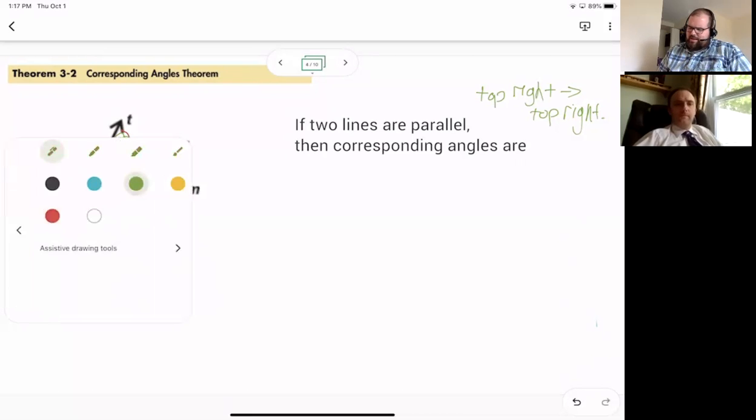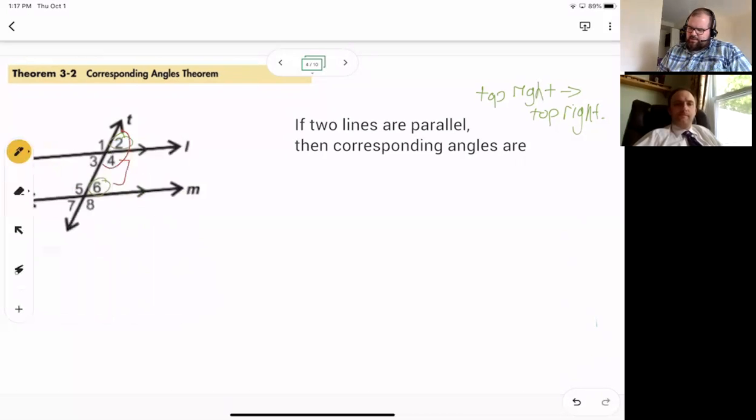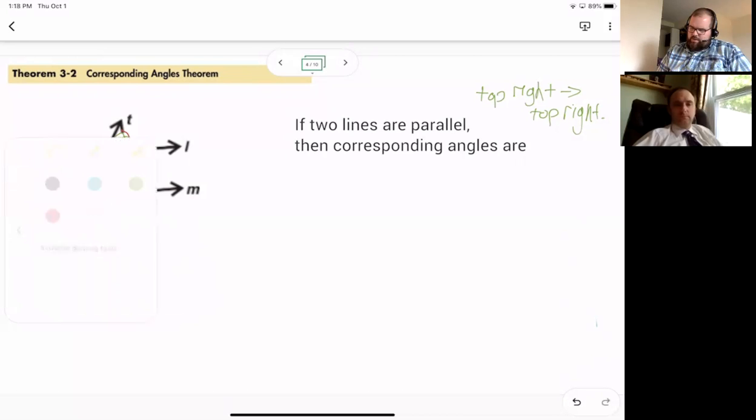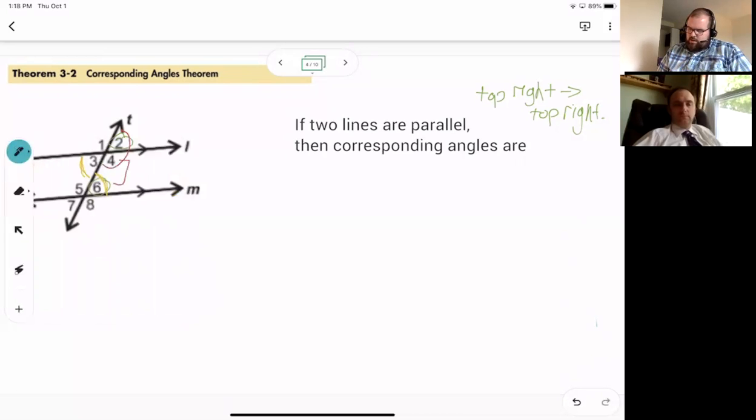But I think a kind of cool way to look at this might be to say, we just said that alternate interior angles are congruent, so angle 3 and angle 6 must be congruent. And we know that vertical angles are congruent. So I'm going to color this a different color. Angle 3 and angle 2 must also be equal to each other.